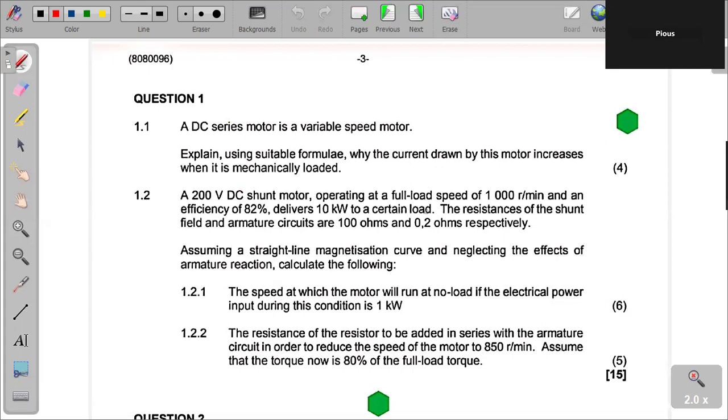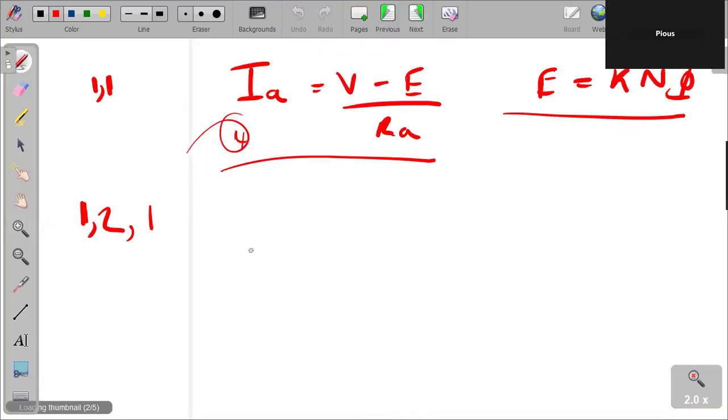The resistances of the shunt field and the armature circuits are 100 ohms and 0.2 ohms respectively. Assuming a straight line magnetization curve and neglecting the effects of armature reaction, calculate 1.2.1 the speed at which the motor will run at no load if the electrical power input during the condition is 1 kilowatt. So this is the information we've been given. Right, so let's quickly answer this question.